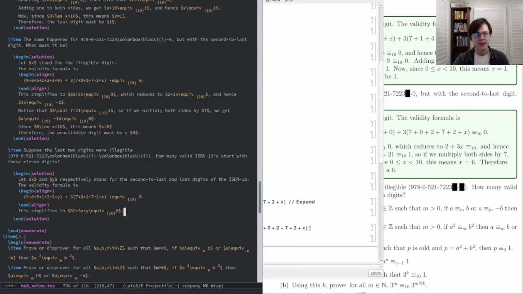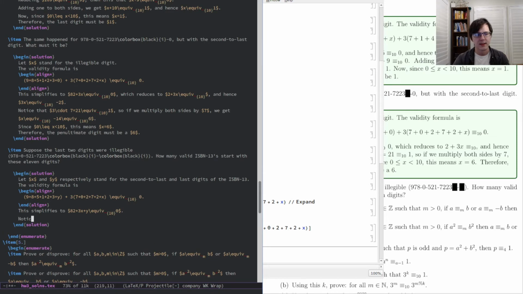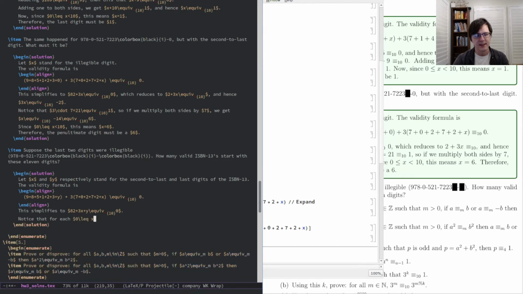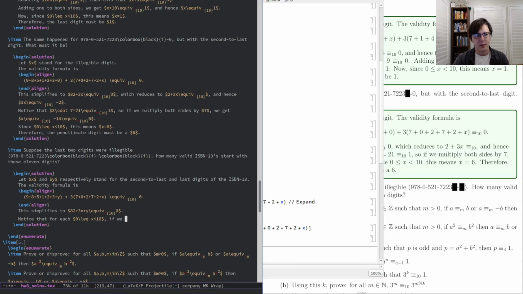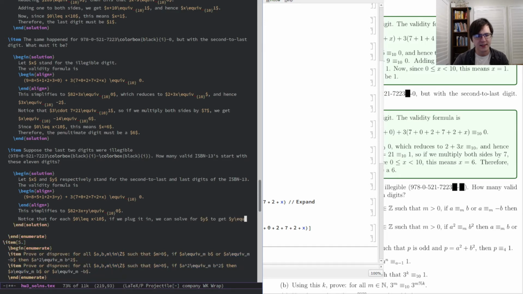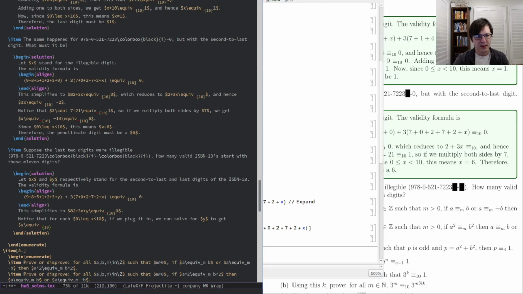So one thing to notice, for each x, if we plug it in, we can solve for y to get y is congruent mod 10 to minus 3x minus 82.